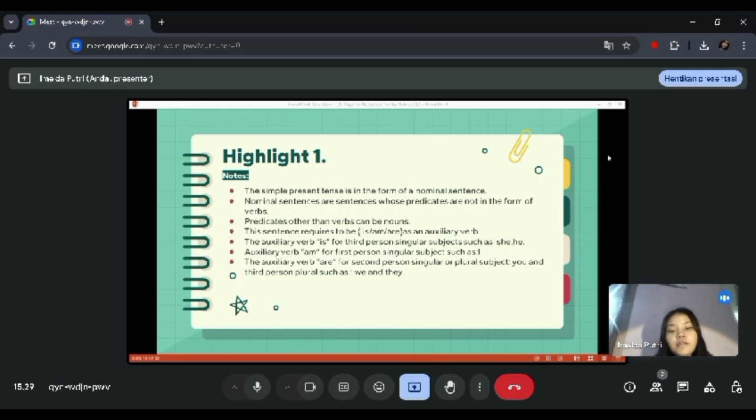The auxiliary verb is is for third-person singular subjects such as she and he. Am is for the first-person singular subject I. The verb are is for the second-person singular or plural subject you and third-person plural such as we and they.